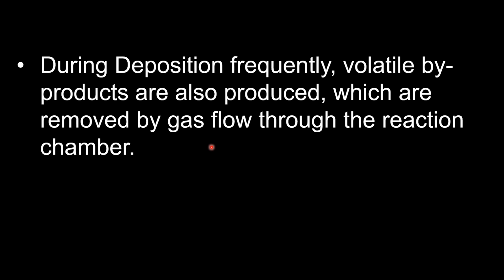So the same carrier gases will remove the byproduct and take it into an exhaust scrubber, where, if the byproduct is hazardous, it will be converted into environmentally friendly material by different types of chemical reaction, and then it will get exhausted from the CVD system.